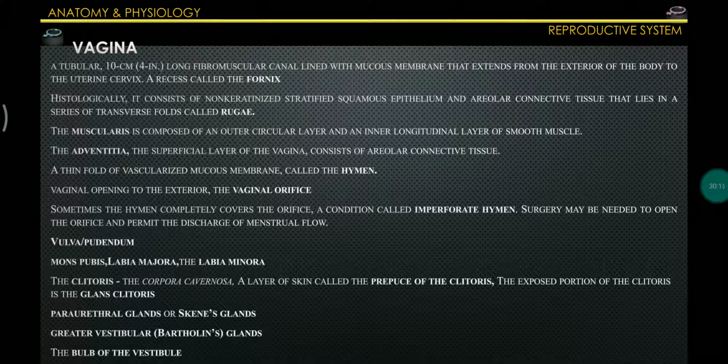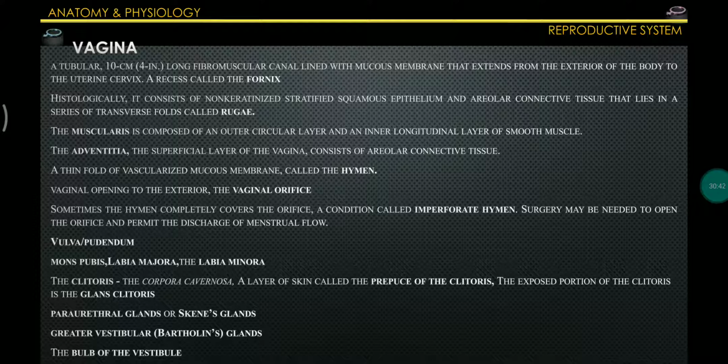The vagina is an accessory structure, a tubular structure lined by mucous membrane, which extends to the exterior of the body from the uterine cervix, where it forms the fornix. Histologically, it consists of non-keratinized stratified squamous epithelium and areolar connective tissue that lies in between transverse folds called rugae.